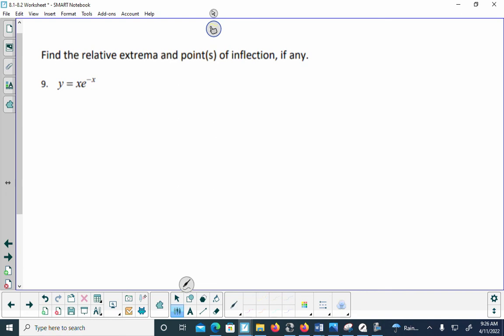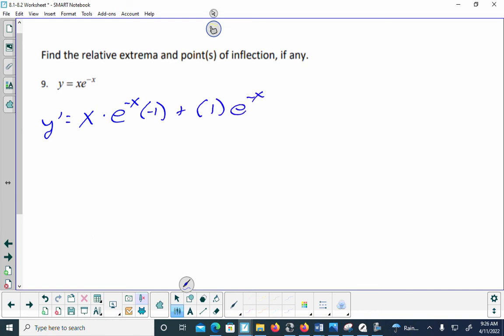Number 9 asks us to find a relative extreme point. So what I'm going to do is find my first derivative. I use the product rule. Take the derivative of the x, which would be e to the negative x times the derivative of that negative x, which is negative 1. And then plus the derivative of x, which is 1, times e to the negative x.